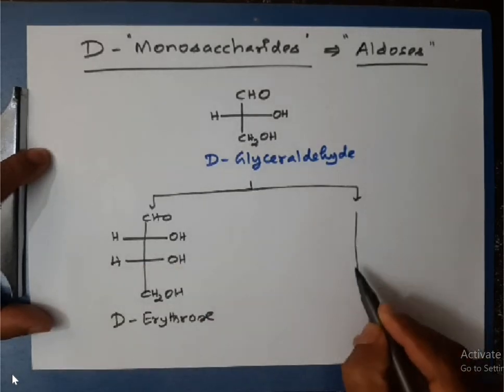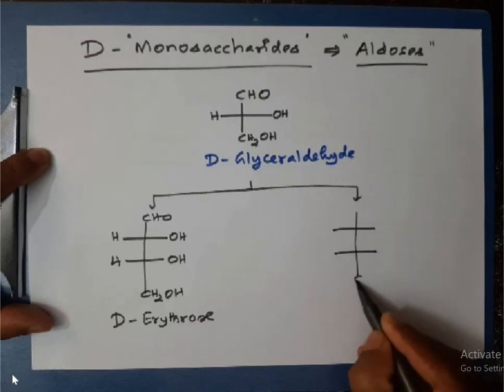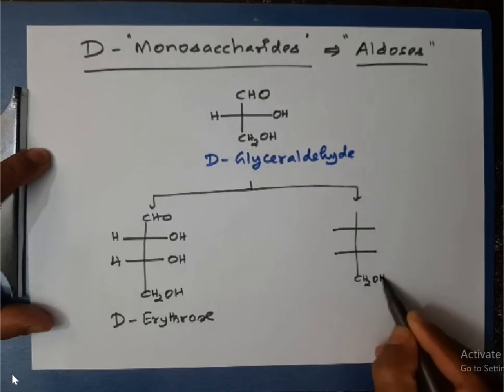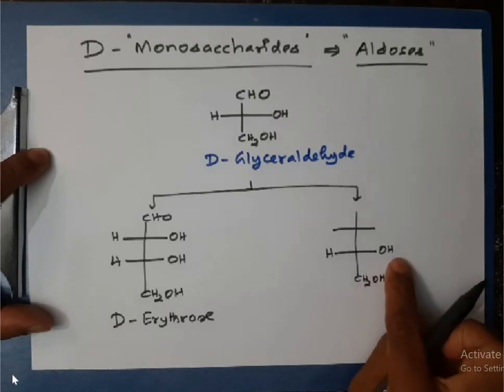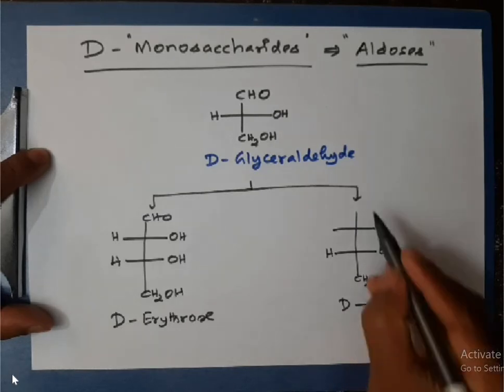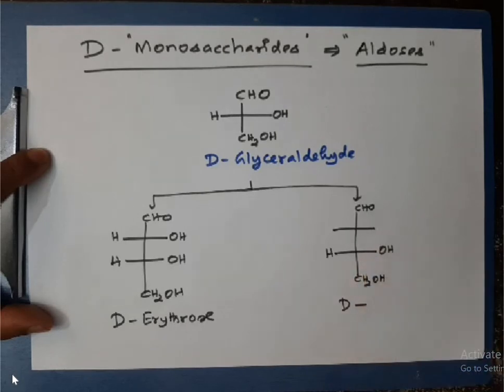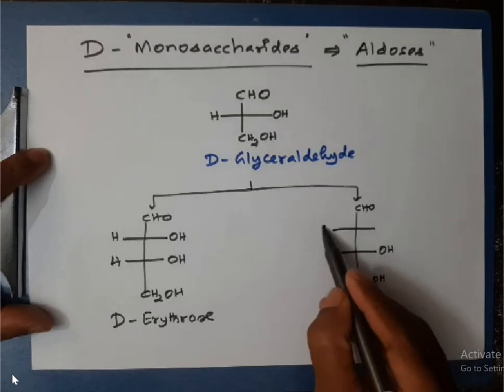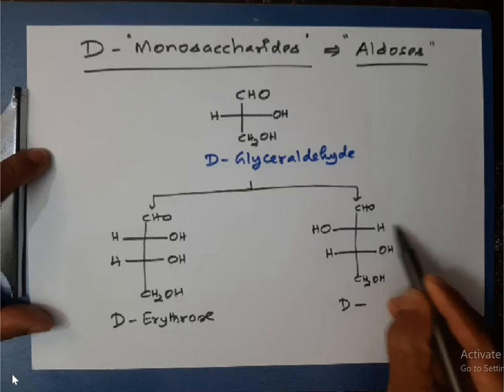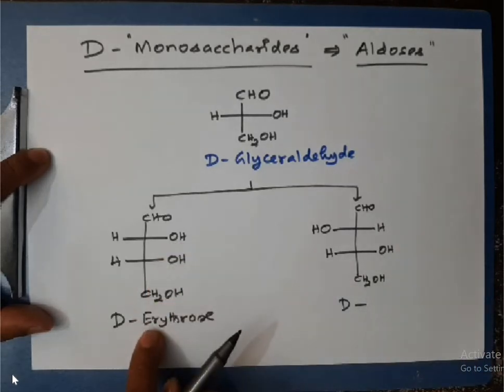Similarly, what we can do, keep this CH2OH as such, keep the highest number asymmetric carbon in which OH group should be in right. Therefore, this is also D, and we have CHO at the terminal at the carbon number 1. Then in the newly introduced carbon, if I put OH group in right hand side, I'll get D-erythrose.